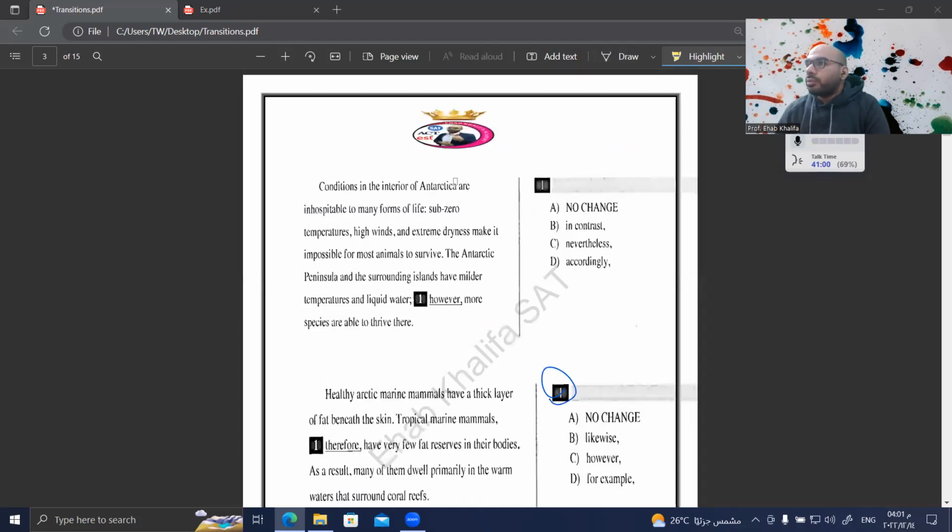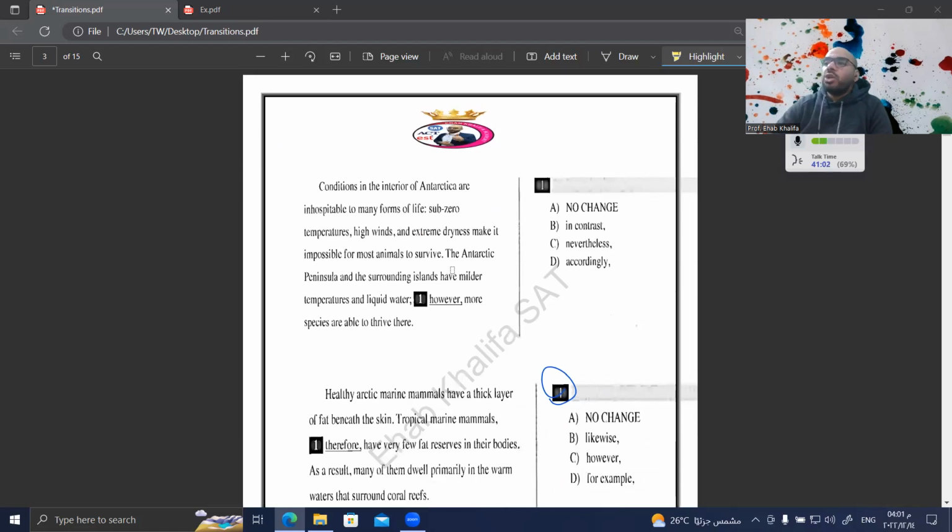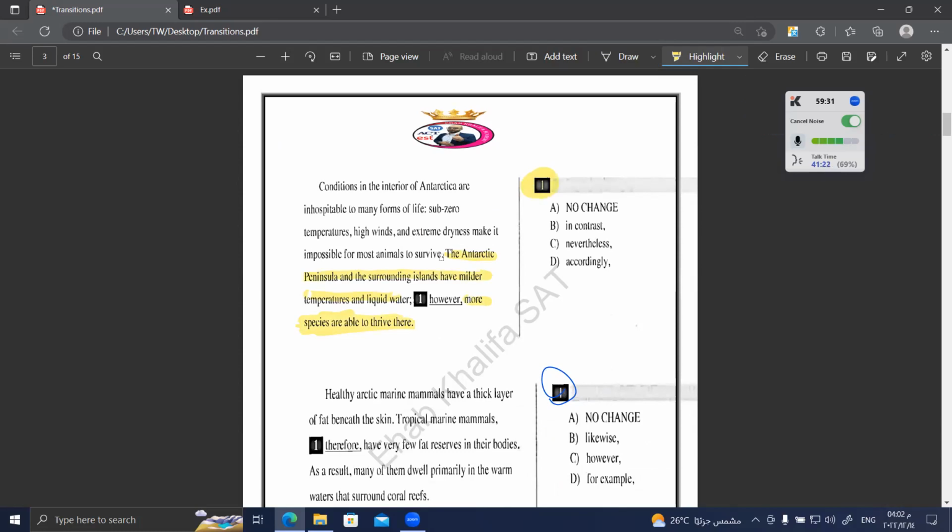Well, so for example, to do this question, I need to read what comes before, the independent clause before, and the independent clause after. And I ask what is the relationship between these two. Do this question, guys, give it a try and we'll discuss it.